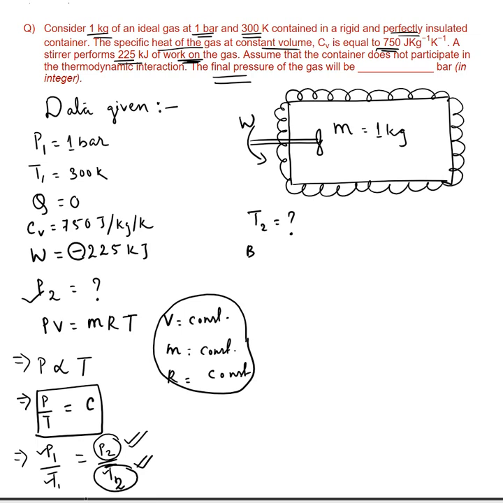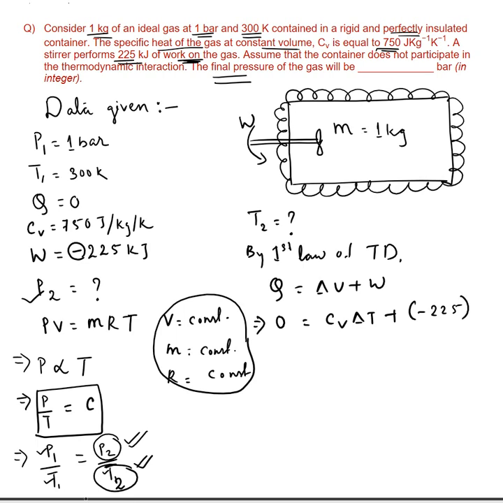By the first law of thermodynamics, we know that Q equal to del U plus W. The value of Q is 0, and in place of del U we can substitute Cv del T, plus W, which is minus 225 kilojoule.